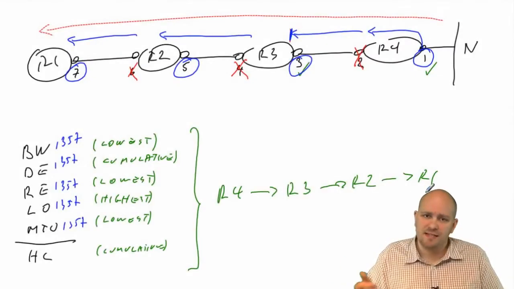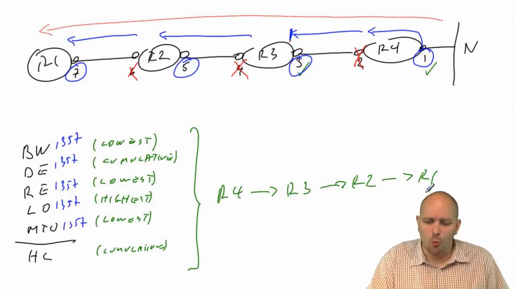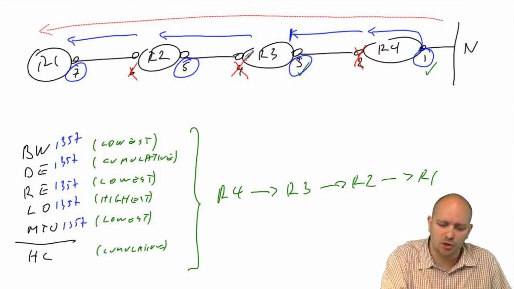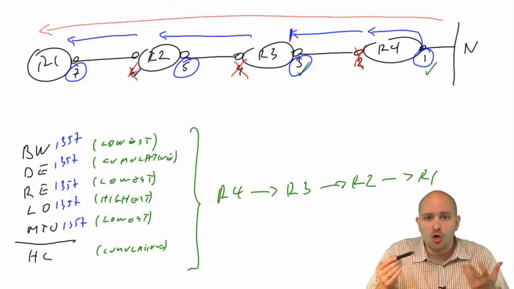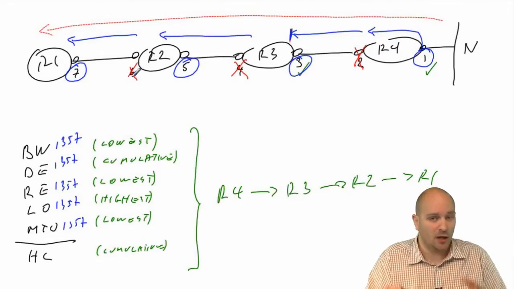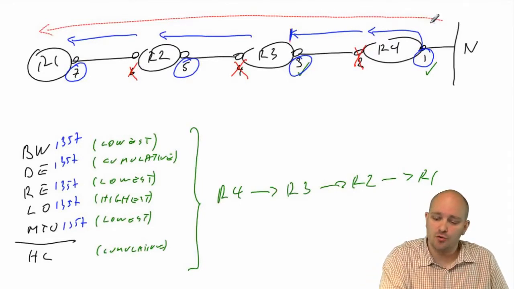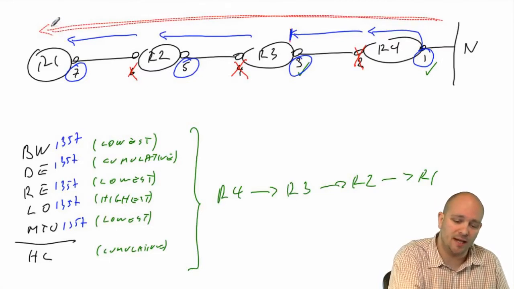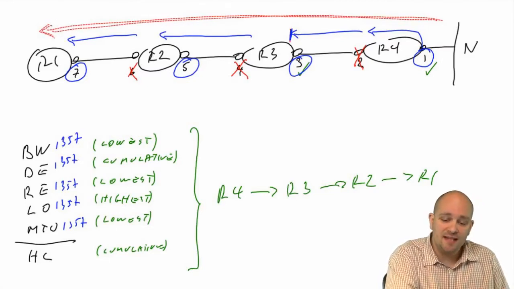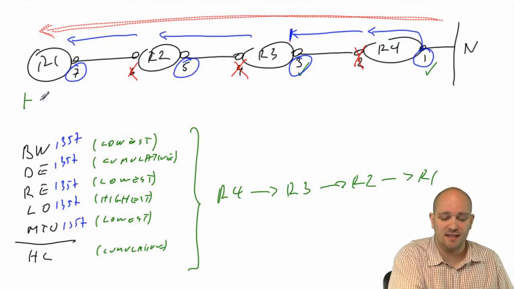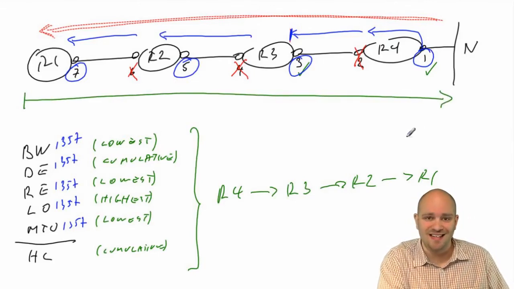At this point you might be asking yourself, why is this so? Why are these interfaces here, 2, 4, and 6, not used in calculating the metric? Well, think about it. When the routing information is communicated in this direction, that is done for the purpose of sending the actual traffic in this direction.